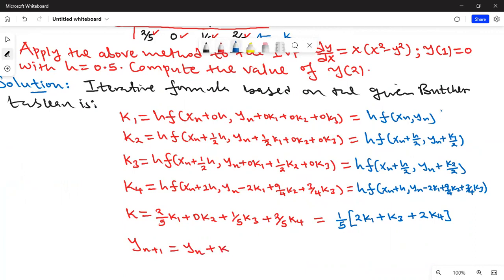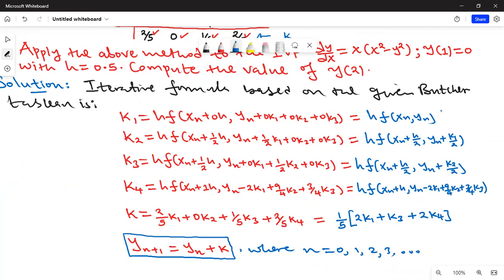So the Butcher table will help you find the k values, k1, k2, all the way up to k4. Once you have them, you simply replace here and get your corresponding y values, where n is equals to 0, 1, 2, 3, etc.